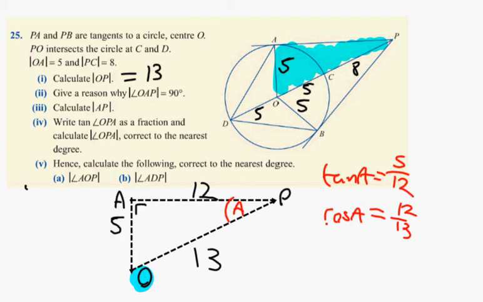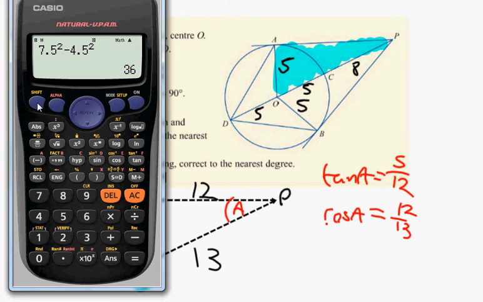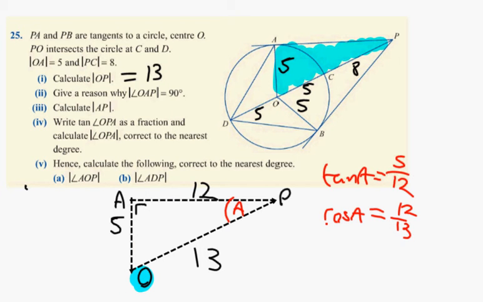Wanted to use tan. Shift tan inverse 5 over 12. The angle in question is 22.62 degrees, okay?